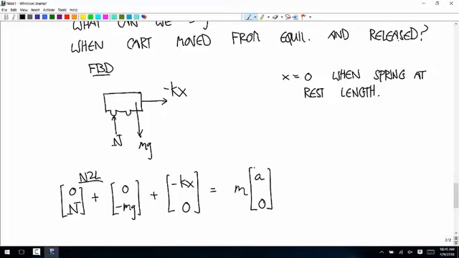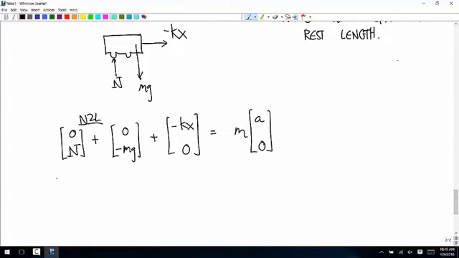We're trying to figure out stuff about the oscillation, which is all happening in the x direction. So we really only care about the x component of this equation. So we get negative kx is equal to ma, or ma plus kx is equal to 0.